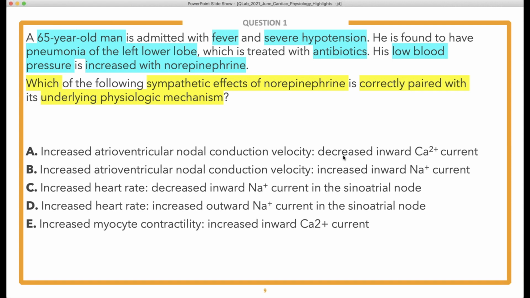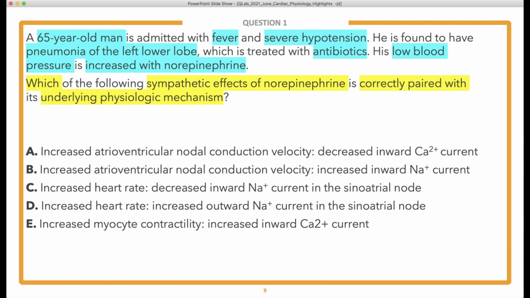B, increased atrioventricular nodal conduction velocity, and that's paired with increased inward sodium current. A, increased atrioventricular nodal conduction velocity, and that is paired with decreased inward calcium current. So a lot of long answer choices here.